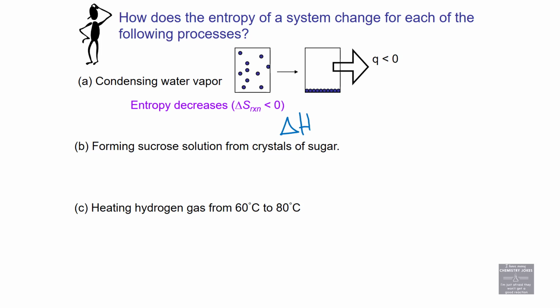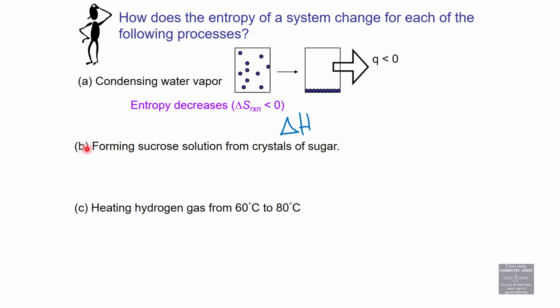Yeah, it's got to be exothermic. We're going to talk about all the signs a lot more, but it's got to be exothermic in order for that reaction to be spontaneous. Is it spontaneous at room temperature for this to happen? Yeah, it actually is. Gas will become liquid water at room temperature.